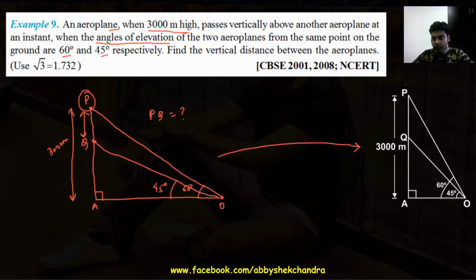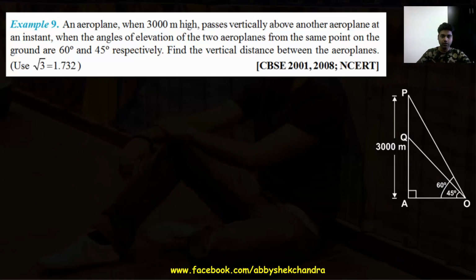So you've got one aeroplane at P, the other aeroplane at Q, and the angle of elevation of the first aeroplane is 60 degrees, of the second aeroplane is 45 degrees, right? And we need to find the distance PQ. Okay, so now as I told you, AO is the common side of two right angle triangles.